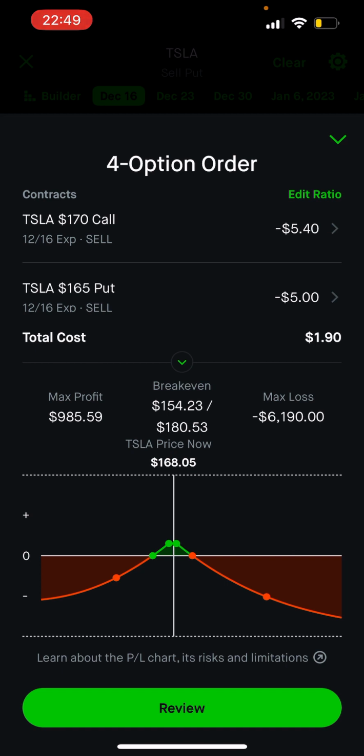And if you think it's just going to go straight sideways, then you can do both the calls and the puts like we had talked about earlier, okay? So again, this isn't something that you just crank out time and time again all year round on one stock, right? You have to find the right entry for it, right? You have to find the right setup for it, okay?